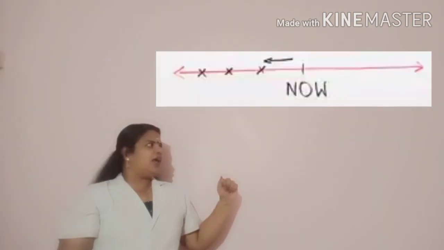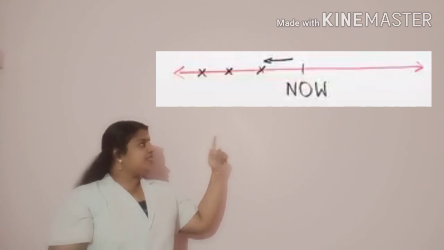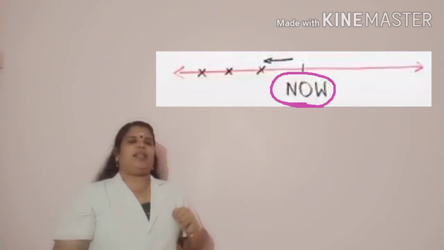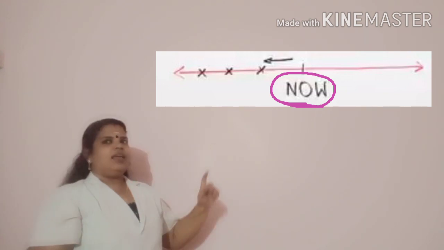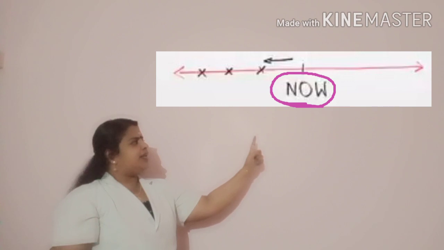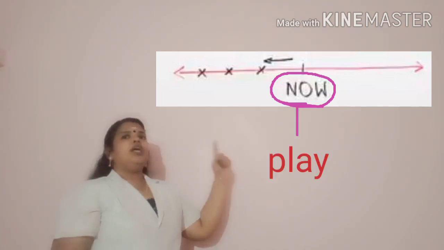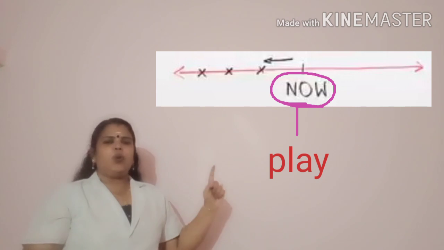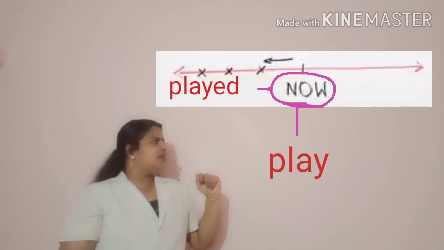You can see here on the board, I show a timeline here. We see now in the middle of that line. Everything that happened before now is the past. Some marks are given there.